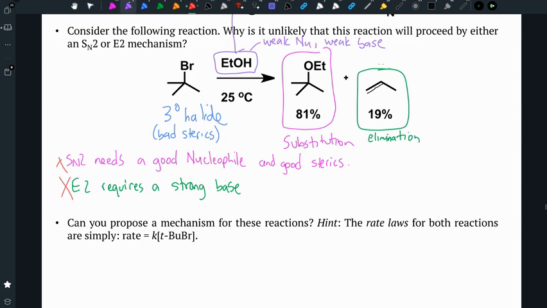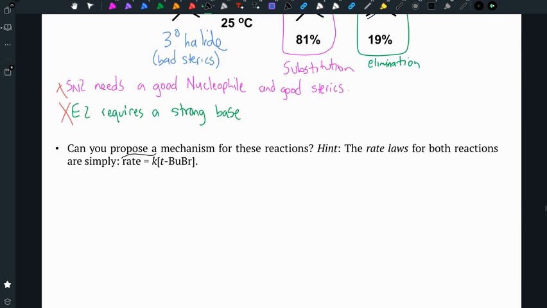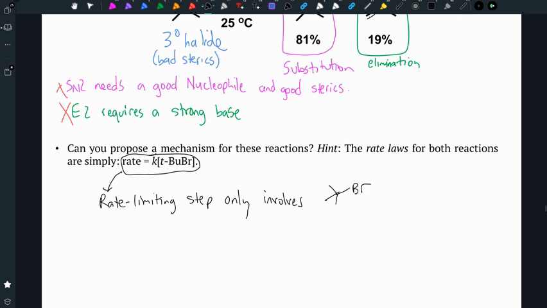What that tells me is that my rate limiting step in this mechanism only involves my tert-butyl bromide.